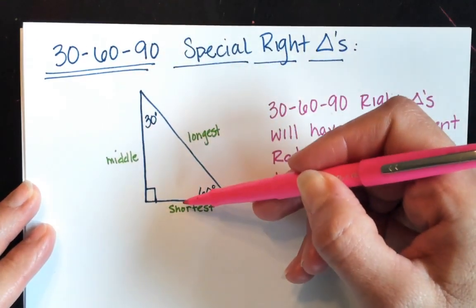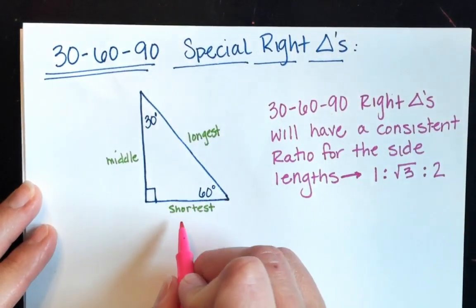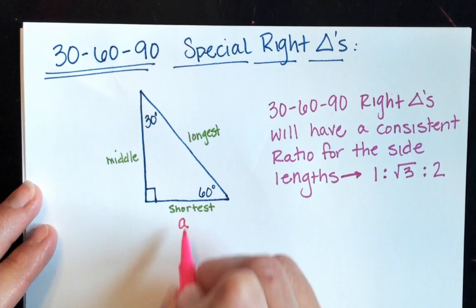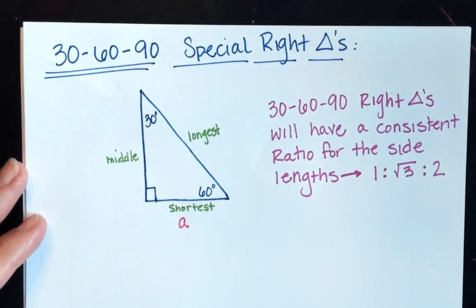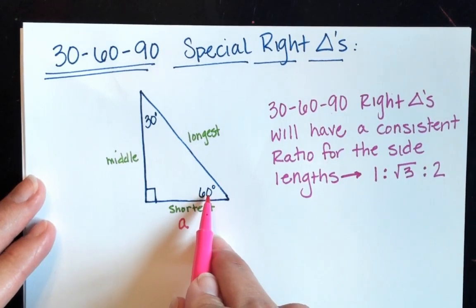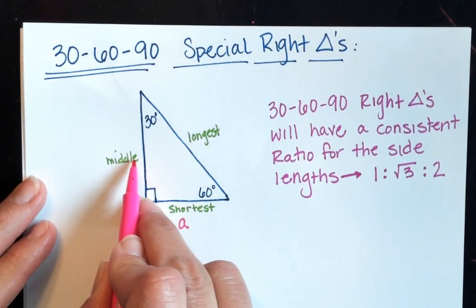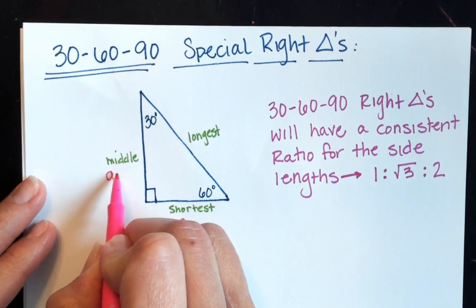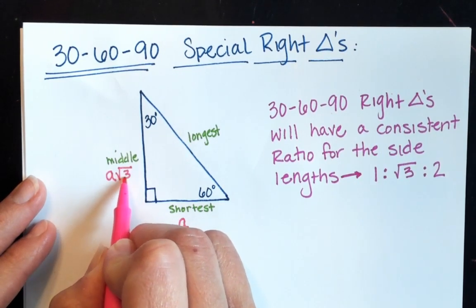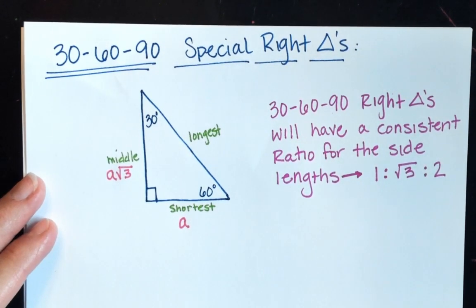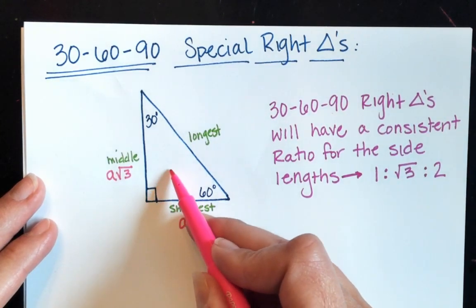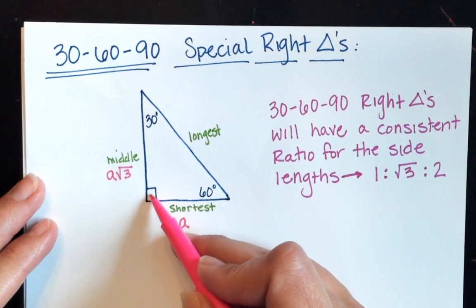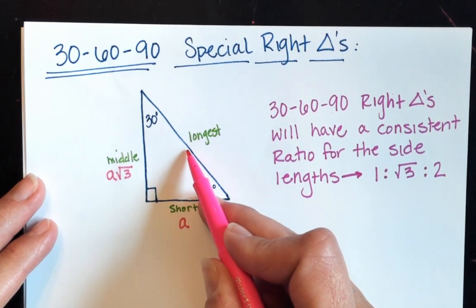So watch how I do this, because again, it's very important that we find the angle and we travel across from it, and our shortest side is going to get 1 of something, so A. Our middle length, we're going to travel opposite it, and it is going to get whatever that value is times radical 3, so A radical 3. And opposite our 90-degree angle, we're going to travel opposite it. Notice that I am physically going opposite to the hypotenuse.